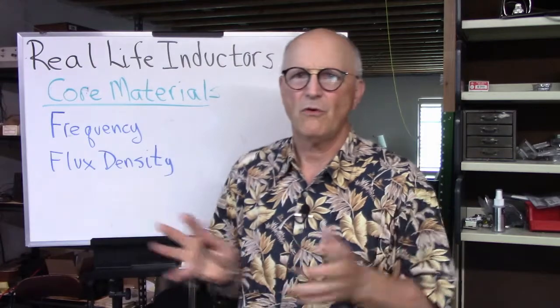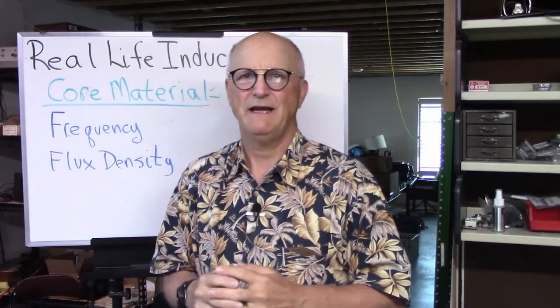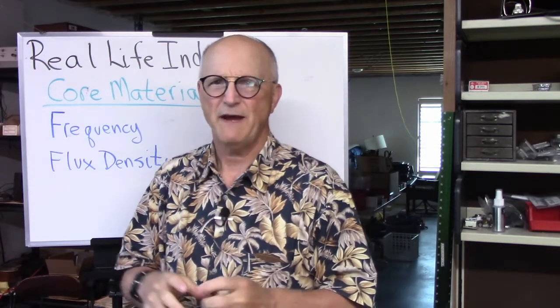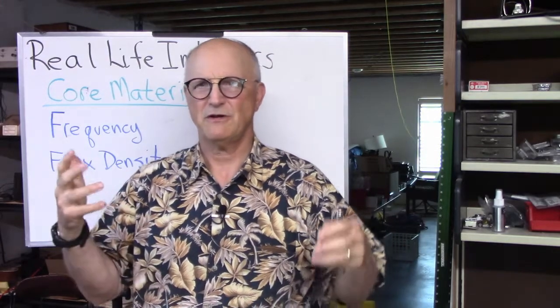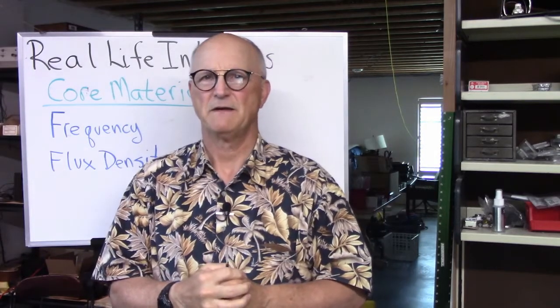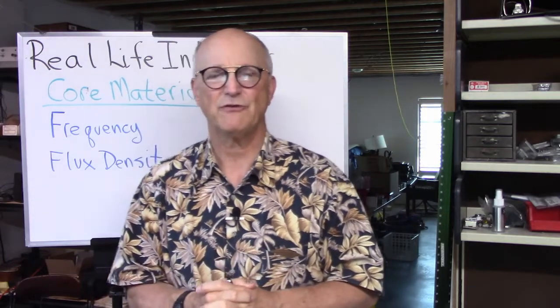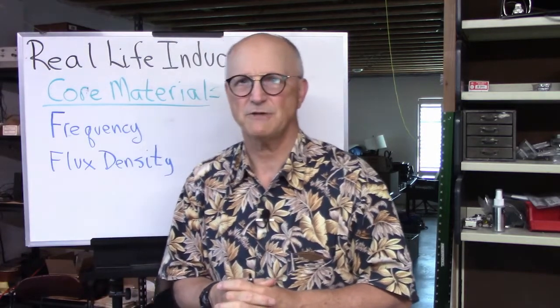There's a whole lot more. There's a whole science behind inductor core materials, and it's mind-boggling. There's magnetic eddy currents and split cores and all kinds of stuff that goes on. I just depend on the manufacturer's selection tables in light of my specific application.